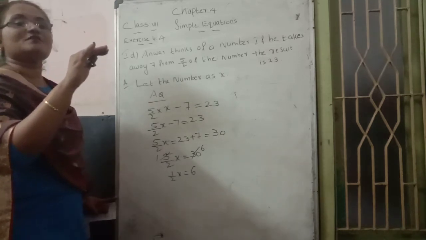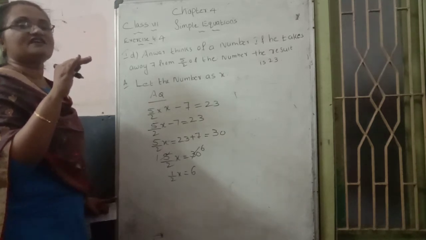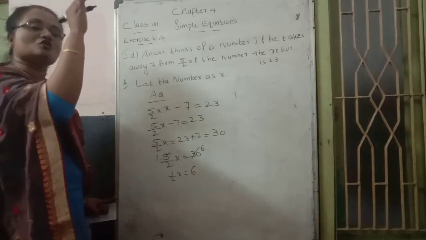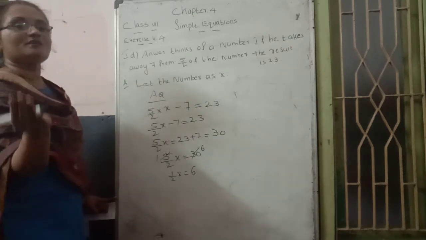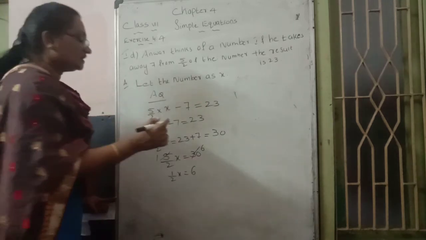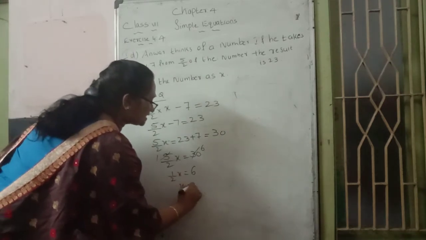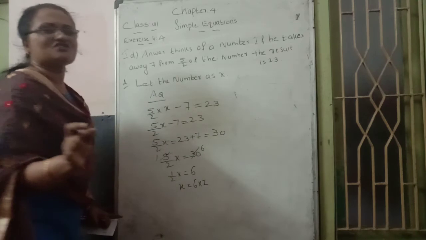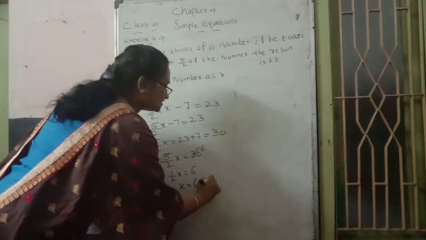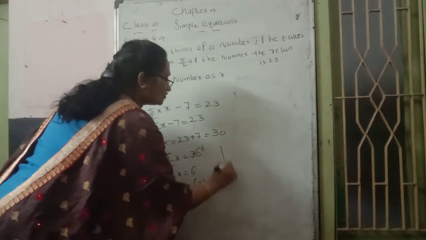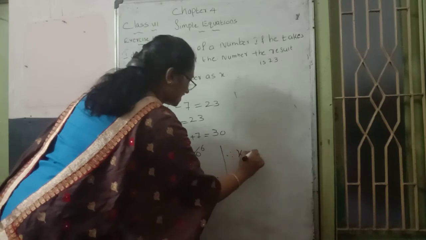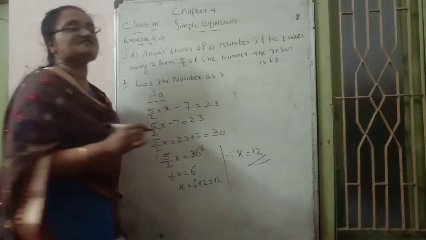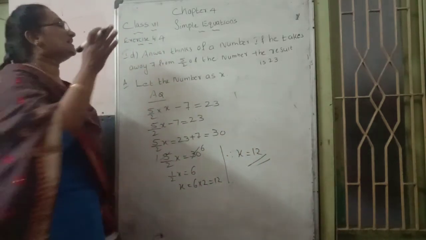Reciprocal: take it and multiply. Reciprocal we already learned. Reciprocal means the denominator goes to the numerator and the numerator becomes the denominator. So x value becomes 6 into 2 by 1, denominator 1 means leave it. 6 2s are how much? 12. Therefore we can clearly write x value becomes 12. 12 is the answer. I hope you can understand this.